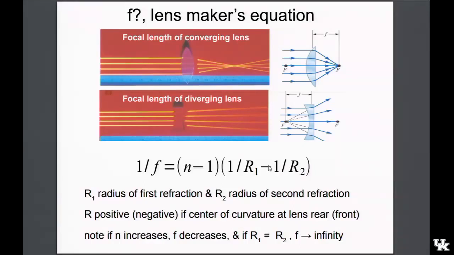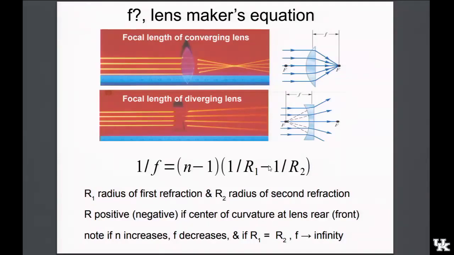I guess it was used by lens makers. If you go to a lens shop, what are you going to ask? You're going to ask for a certain focal length lens. Right? I want a 10 centimeter focal length converging lens. Or online, I want a 15 centimeter diverging lens.